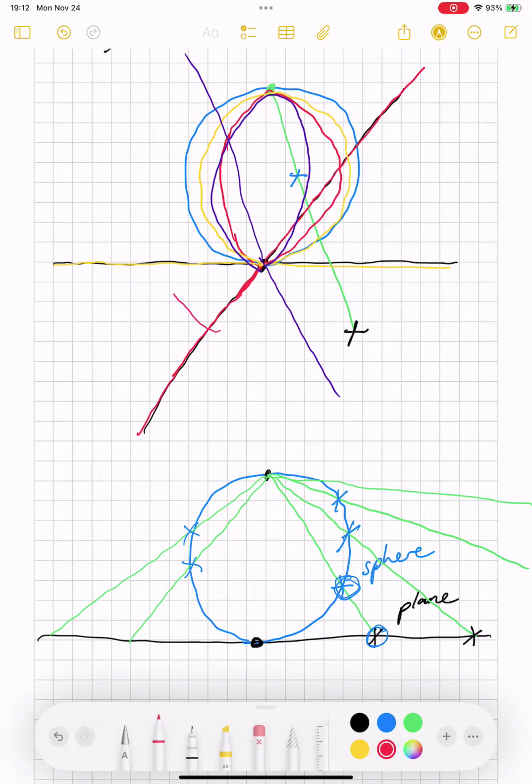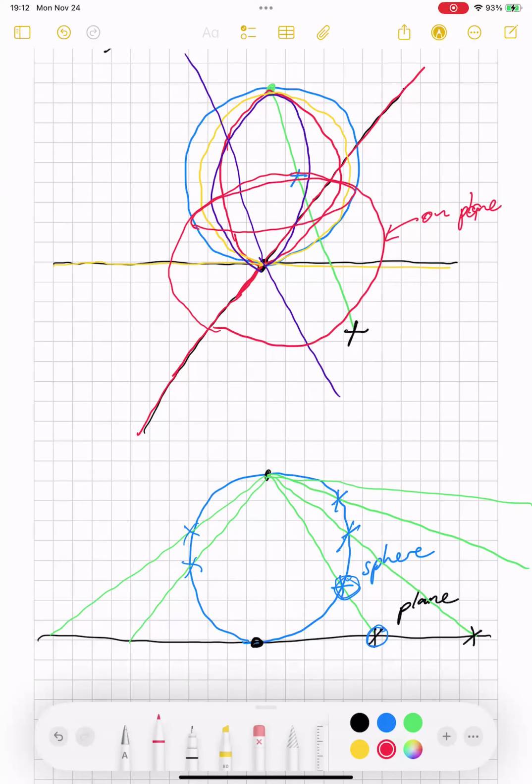So let's draw a circle here on the plane. So this is a circle on the plane. Now, notice that we're not going away from the origin. So we're going to get a circle on the sphere, which corresponds to some fixed distance from the South Pole.